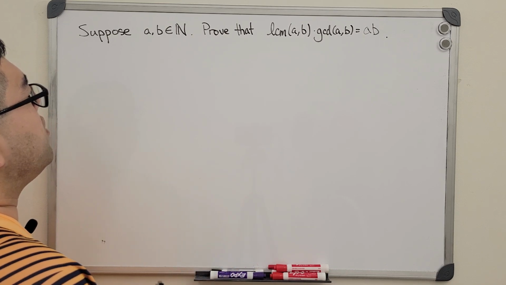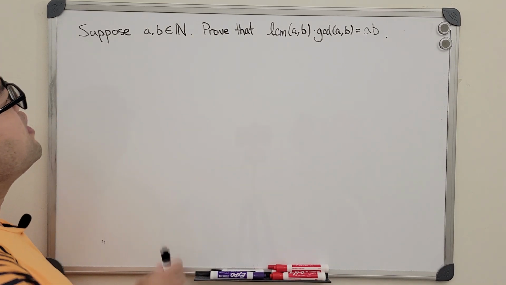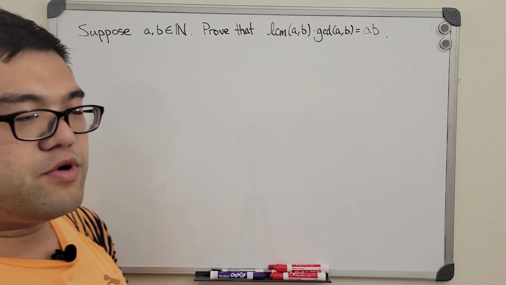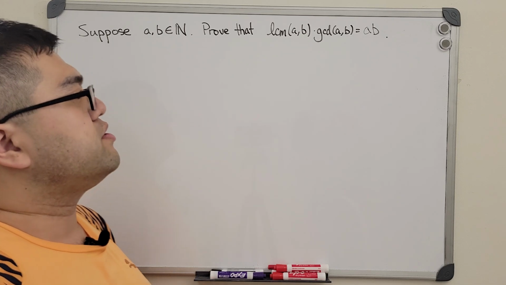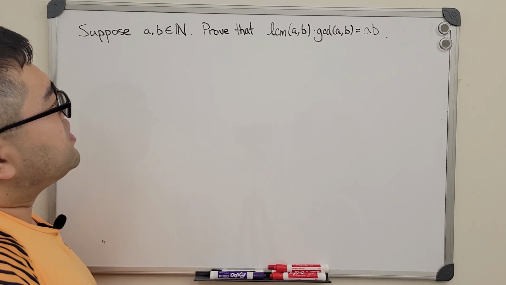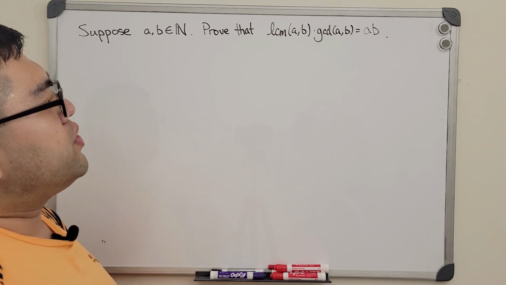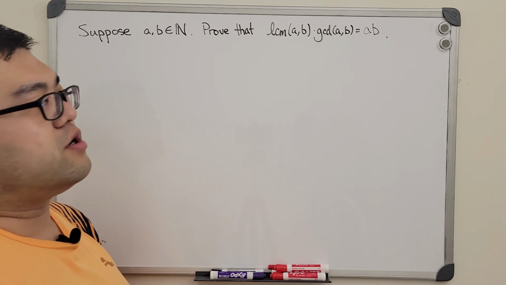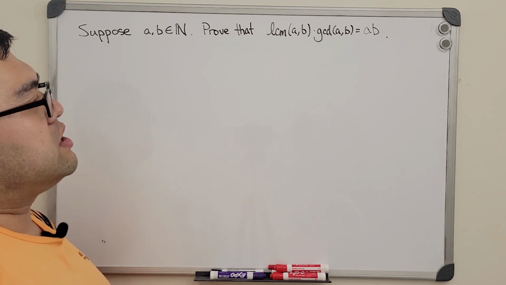Then we can actually look at this problem here. So suppose that A and B are some natural numbers, and again here we're going to assume that natural numbers are positive integers. Otherwise, if we have A or B as 0, we still can work on it, but it turns out a little bit tedious.